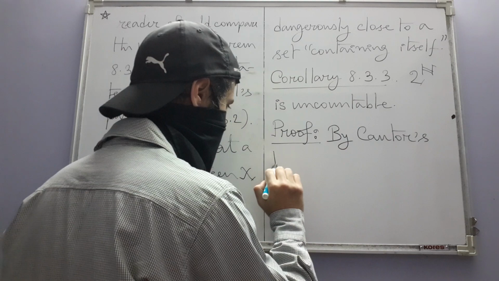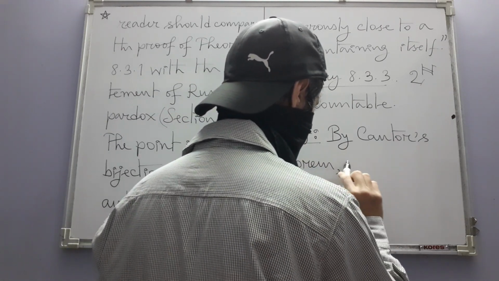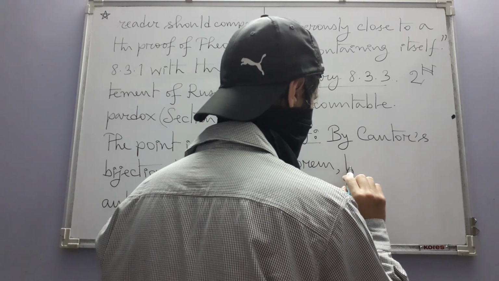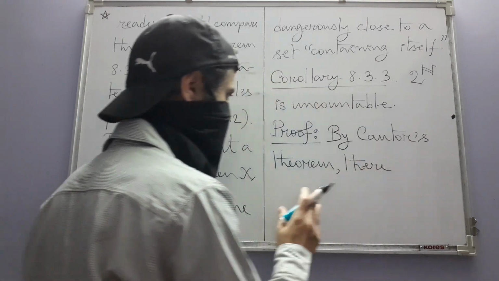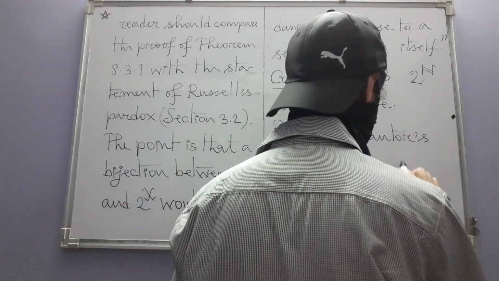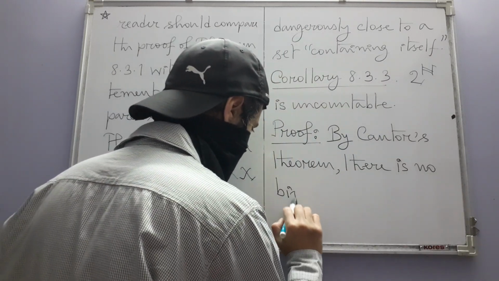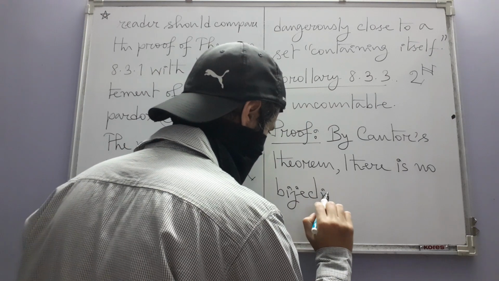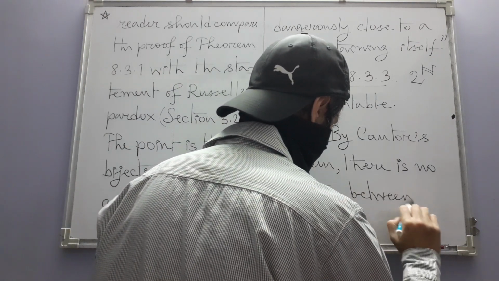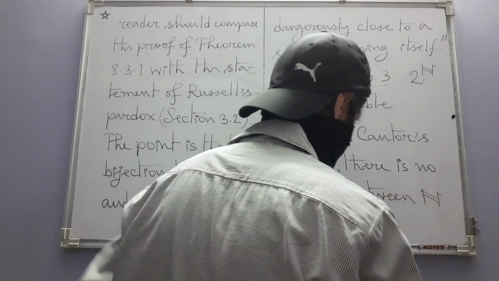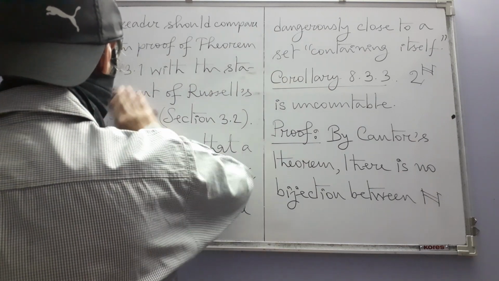By Cantor's theorem, well, we can write it directly, but let's just write about the bijection. There is no bijection between the set of natural numbers and its power set.